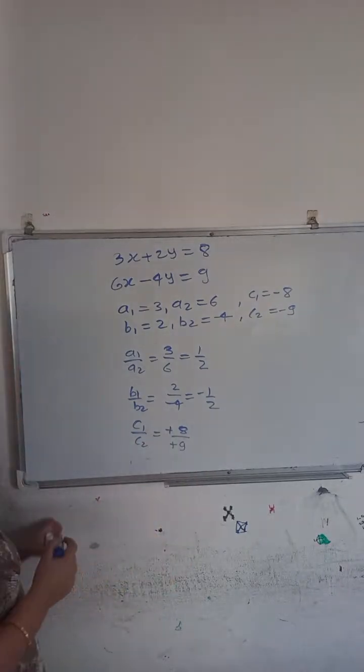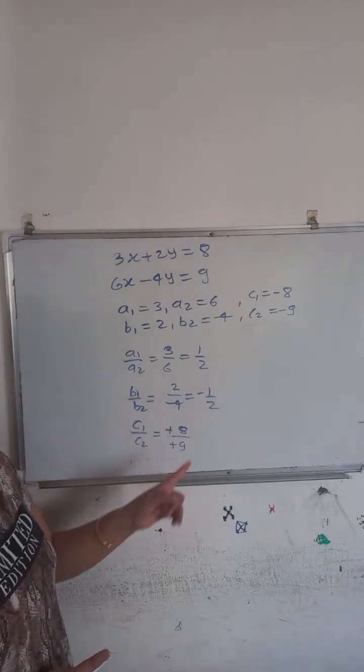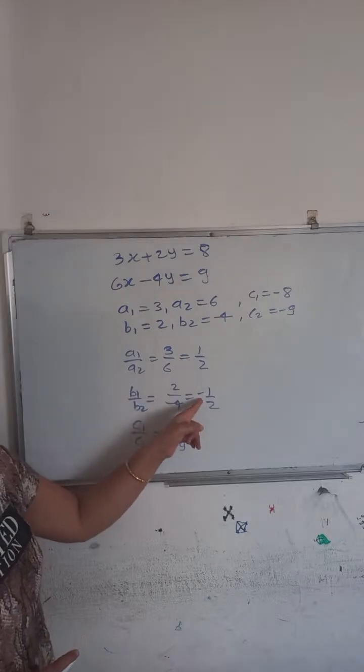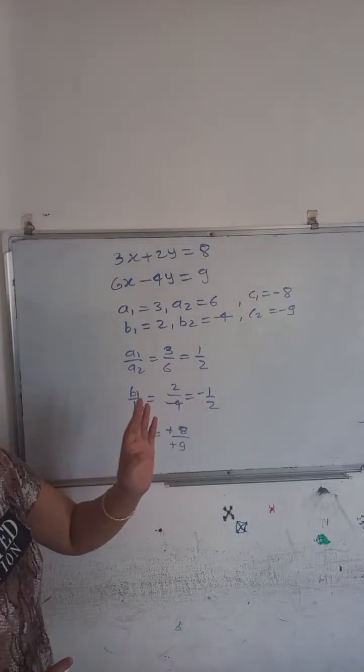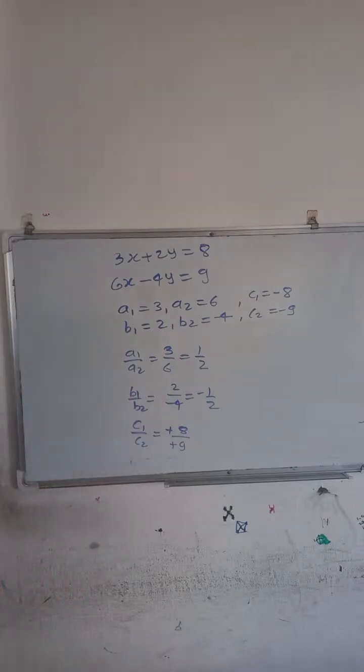Minus get cancelled. Now here a1 by a2 is not equal to b1 by b2, and it is not equal to c1 by c2. This is half and this is with a negative sign. They are not equal. That means your observing power is also very weak. So they are consistent. Yes, you wrote consistent only. Sorry, I thought you wrote inconsistent. Everyone got the answer?